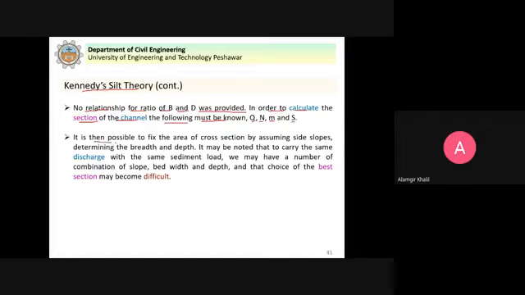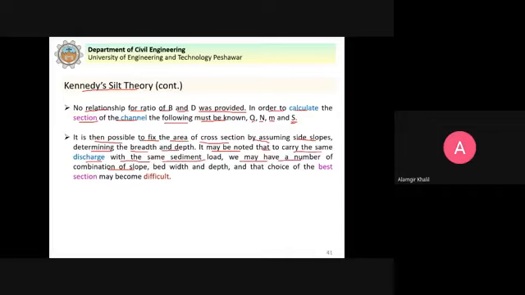It is then possible to fix the area of cross section by assuming side slopes, determining the breadth and the depth. It may be noted that to carry the same discharge with the same sediment load, we may have a number of combinations of slope. The slope here is assumed; practically, it will depend on the ground where we have to construct the canal.